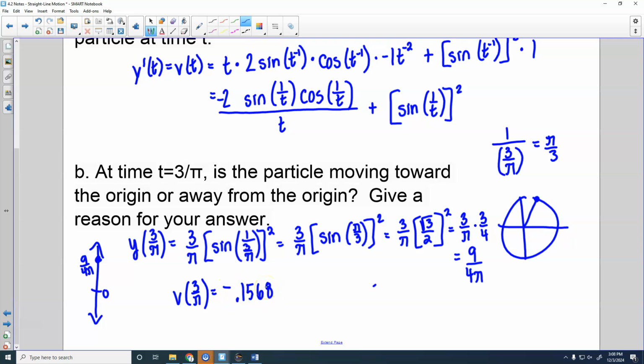All right, so if I have negative velocity, which direction would I be headed? Up or down? Down. Right, so am I headed towards the origin or away from the origin? Towards the origin.